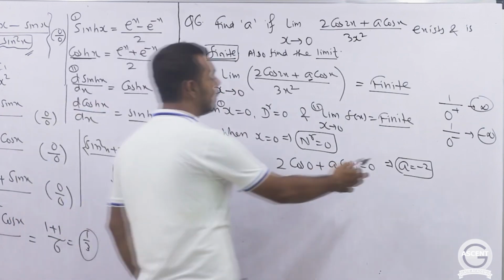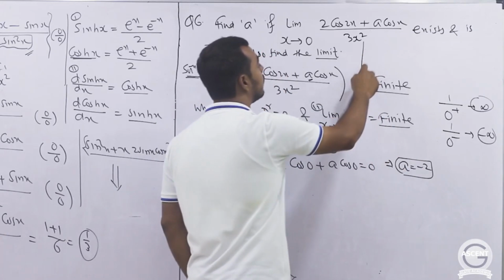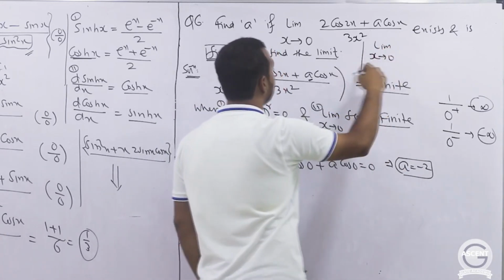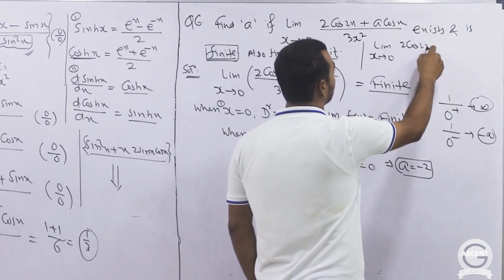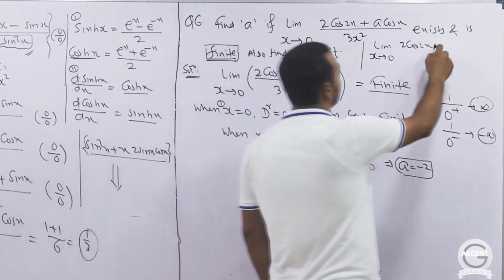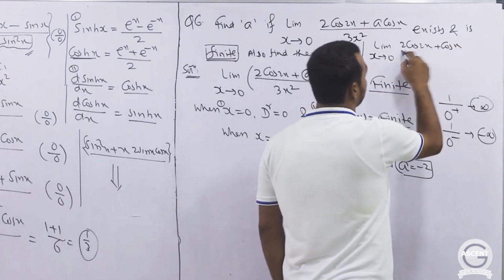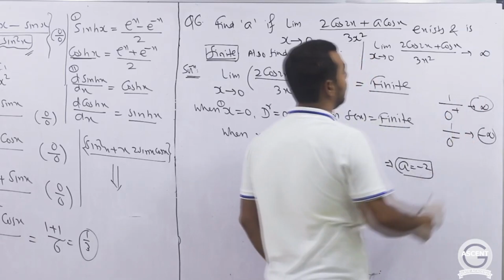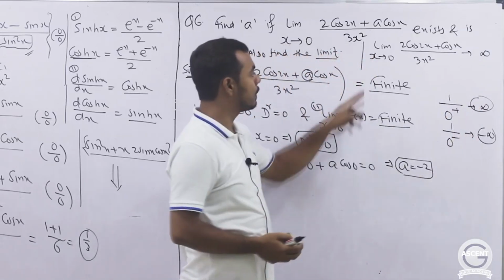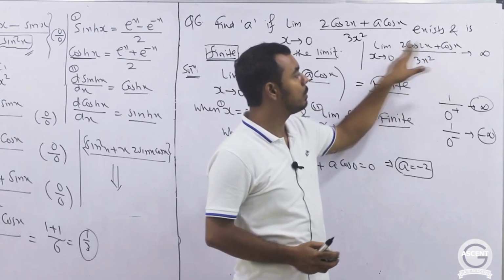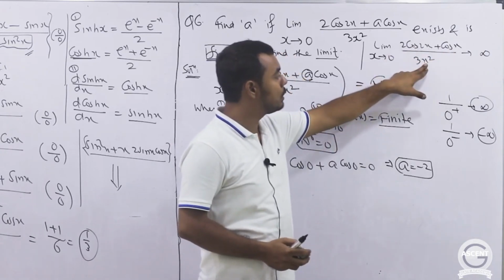See, if I have some number other than minus 2, then what will happen? Suppose I had to evaluate this limit as x tends to 0 of 2 into cos 2x, and in place of a we have some other number, say a is 1. Now this limit will become infinity. Why? Because if I place x equals 0, 2 cos 0 is 2, cos 0 is 1, 2 plus 1 is 3, divided by 0 square.